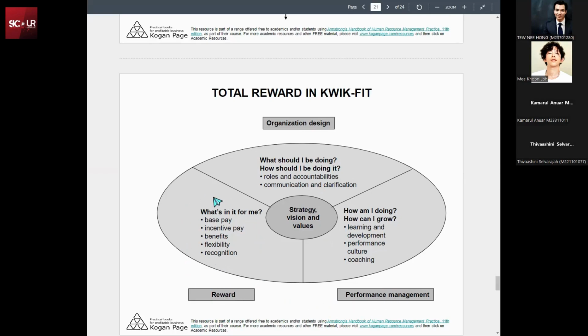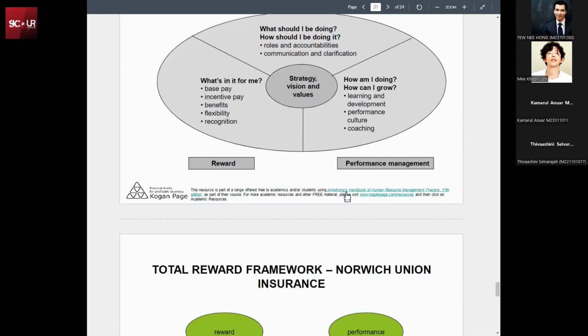Then the last part, we reward them based on the design of the job itself, the nature of the job, and the nature of the business. This framework, you can cite in your thesis if you have to.